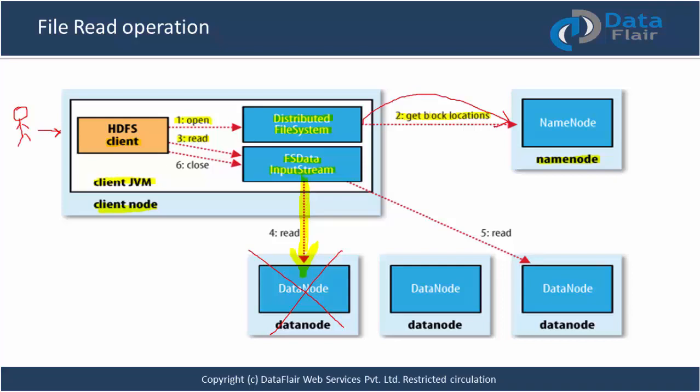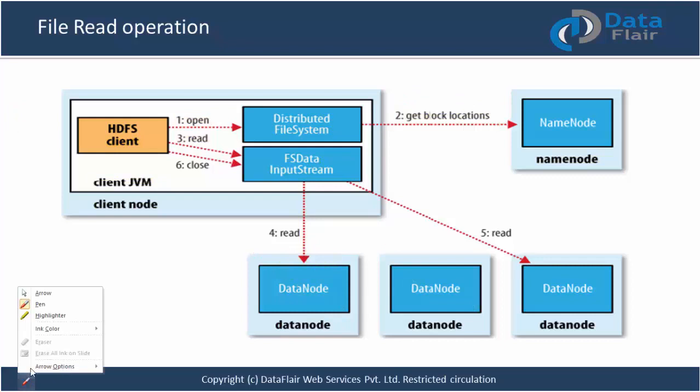The name node will provide the location of another slave. Suppose block one that was available here was available here as well. So the name node will provide another location to read the data from another data node where the same block is available. So guys, that's it about the file read operation.